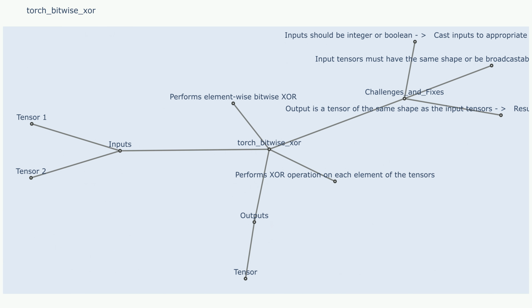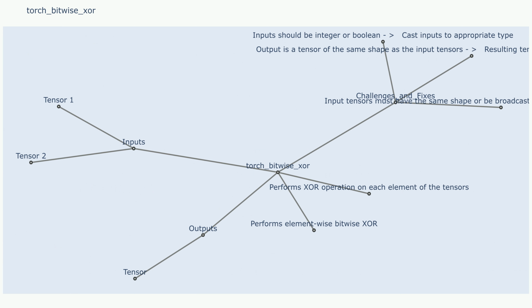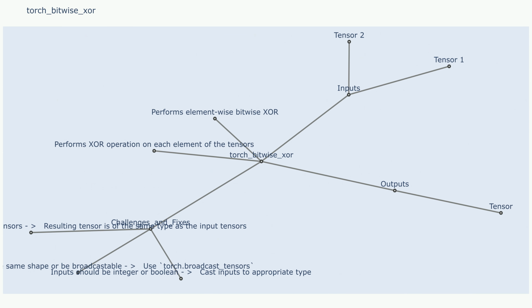Challenge 1, using tensors with incompatible shapes. Sample use case that resulted in challenge 1: torch.bitwise_xor(torch.tensor([1, 2, 3]), torch.tensor([4, 5])). Fixes to challenge 1: ensure both input tensors have the same shape.